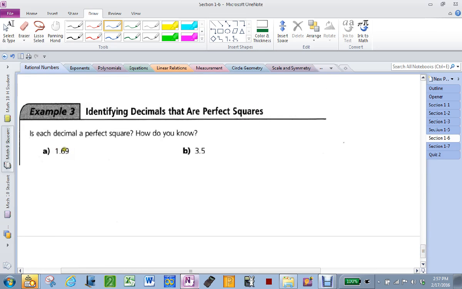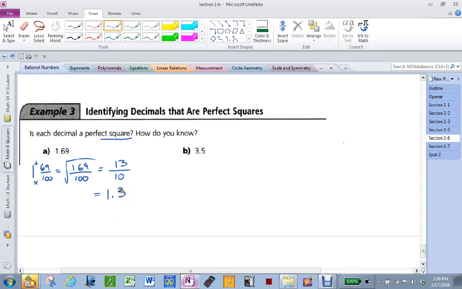So, 1.69. That's really 1 and 69 over 100, yes? Which we know when we see that to do times plus, and we get 169 over 100. Now, is it a square? Well, let's check. Square root. Does 169 have a square root? 13. 10, 100, 10. 13 tenths is 1.3.